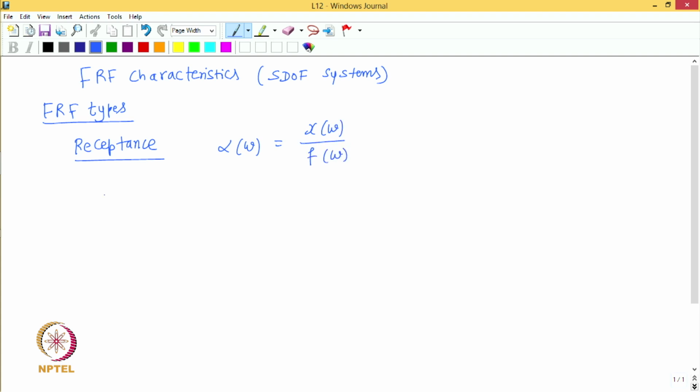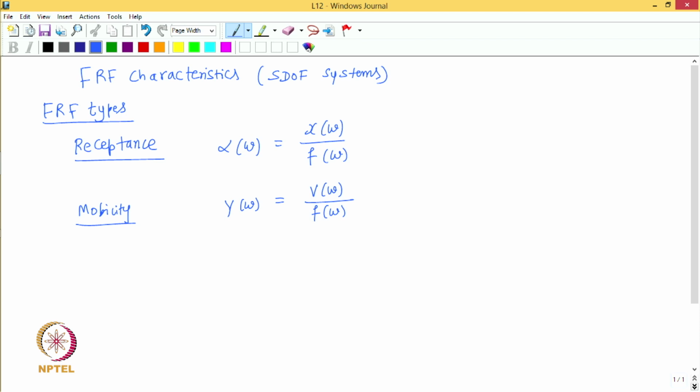Then we have what is called mobility. This mobility, often represented by Y of omega, is the ratio of the velocity of the response in the frequency domain, that is V of omega, and the force applied in the frequency domain.